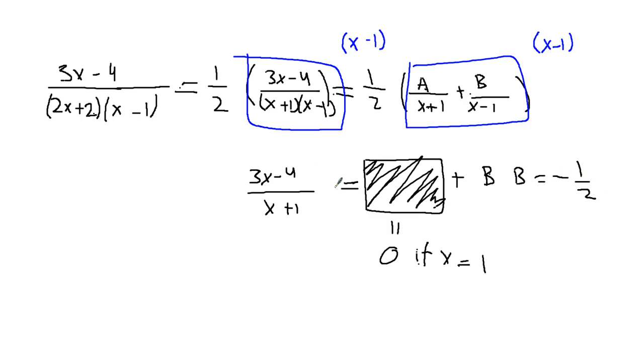This is called the cover-up method. You can just put your hand over the a like it doesn't exist. If you're really proficient at this, you can be like, okay, b times x plus 1. So a remains and then b is gone.